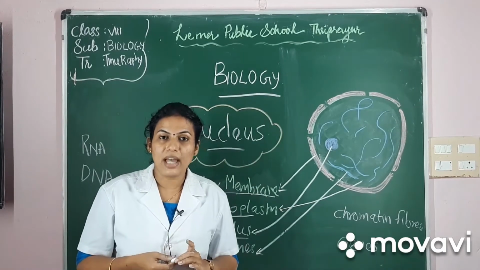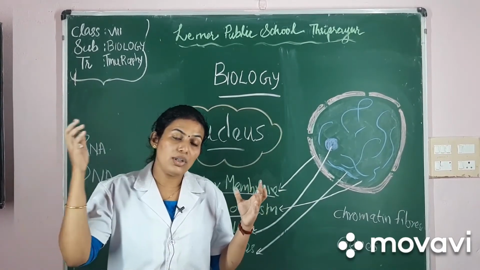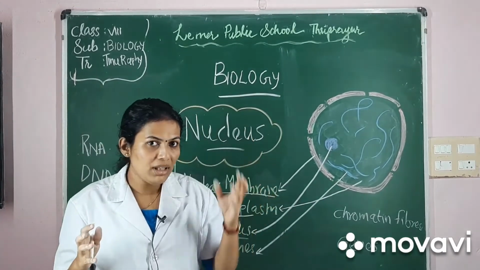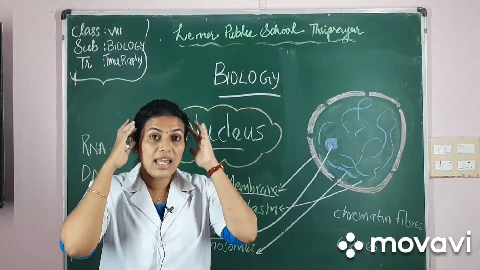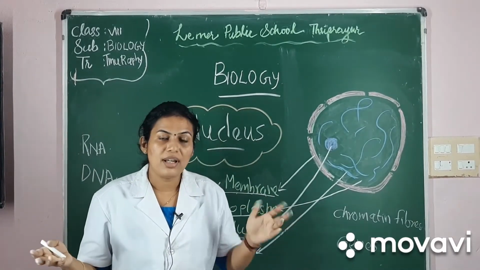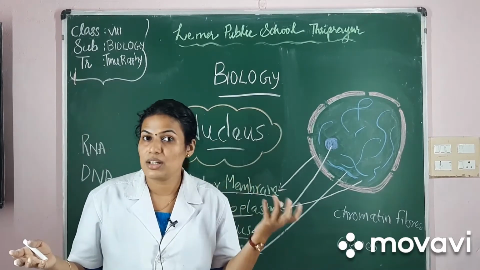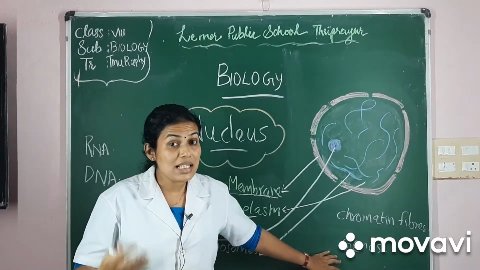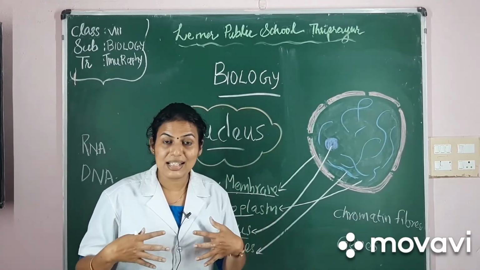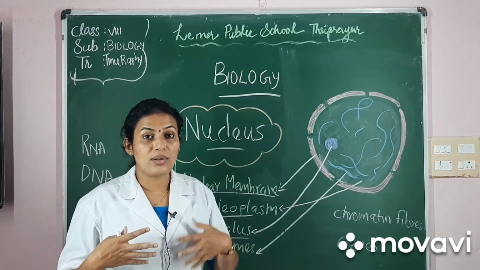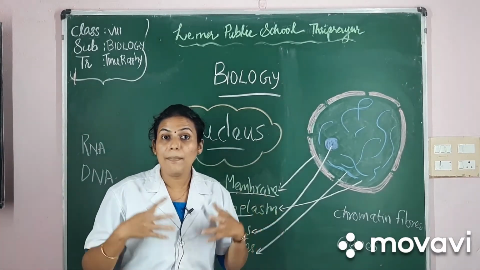Each one of you may have the characters of your father and mother, isn't it? Some of your hair may resemble your father, whereas some of your skin color may represent your mother's. It is because the genes in our body carry the genetical characters or inheritance of our parents.